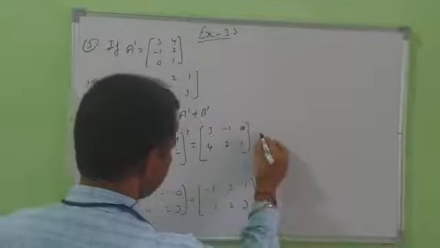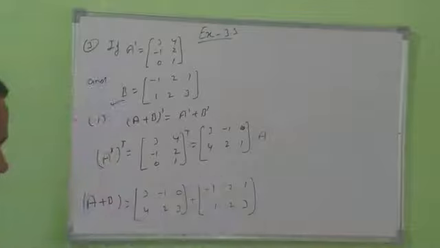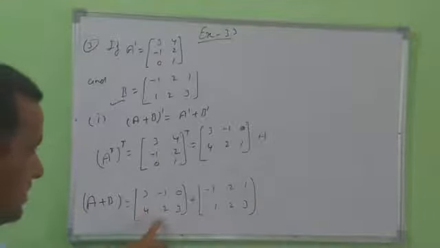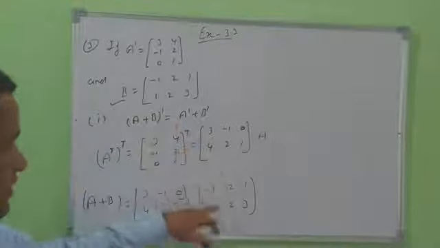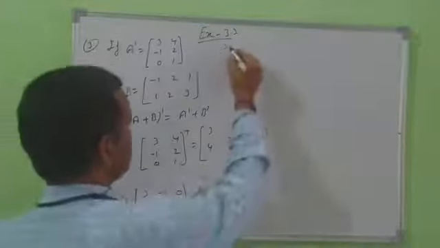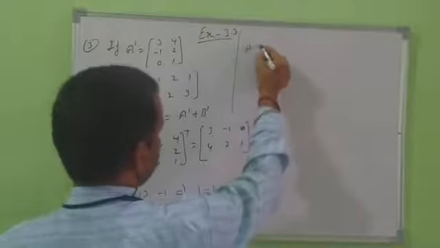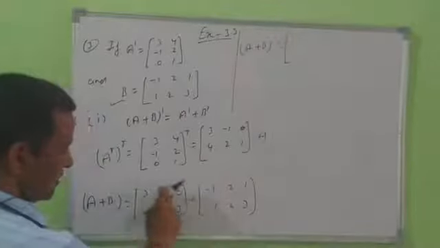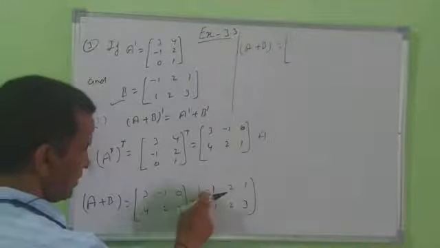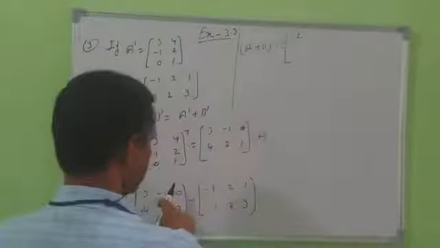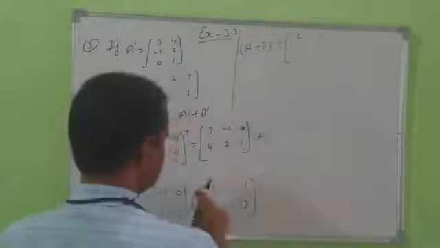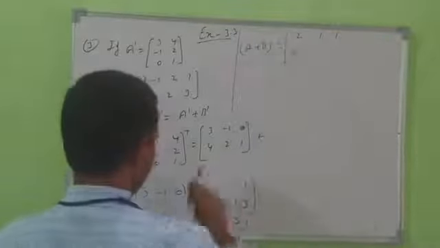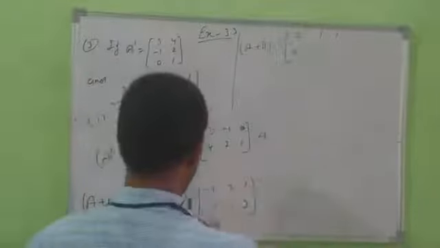Is it clear? When you find A plus B, using the value of matrix A and value of matrix B, you will get the result of A plus B. What is the result? Addition operation applied here: 3 minus 1 is 2, minus 1 plus 2 is 1, and 0 plus 1 is 1. Addition property: 4 plus 1 is 5, 2 plus 2 is 4, and 3 plus 3 is 6.